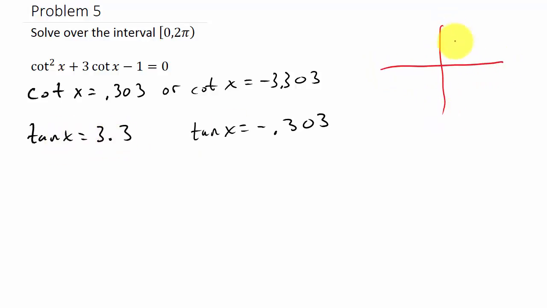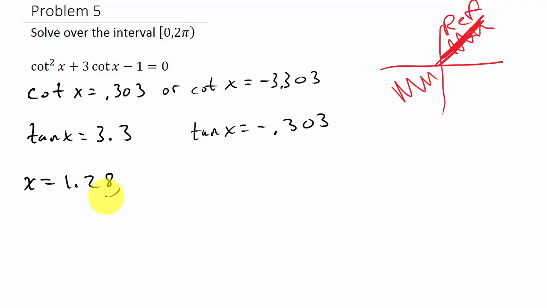Tangent is a positive number, so my solutions are in the first and third quadrants. So we have to get our reference angle. Remember, our reference angle is in the first quadrant, and in this case my reference angle will be one of my solutions. So x is equal to the inverse tangent of 3.3, and that gives me 1.28.